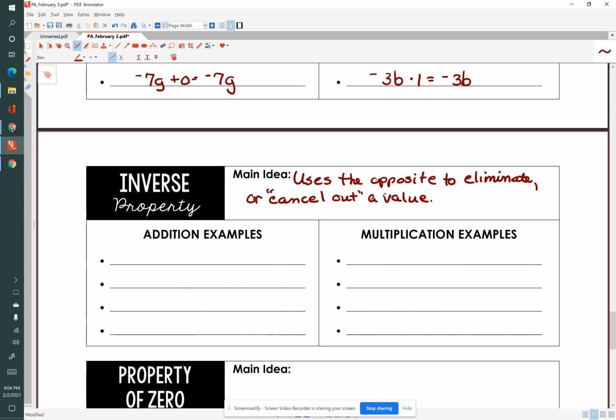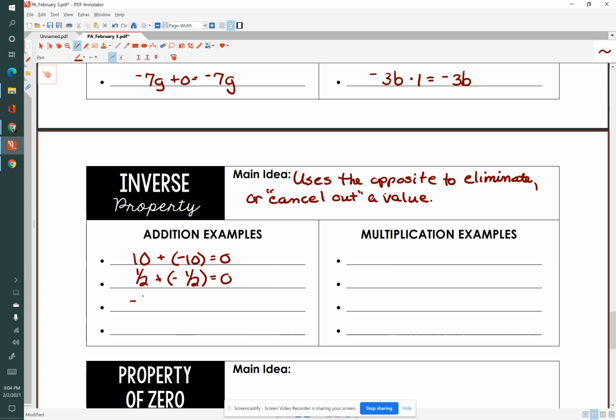So in addition, if we want to cancel examples in addition so that we have 0, and we are given 10, well, we can add to 10 negative 10, which will give us 0. Or we can have 1/2, and we can add negative 1/2, which will give us 0.